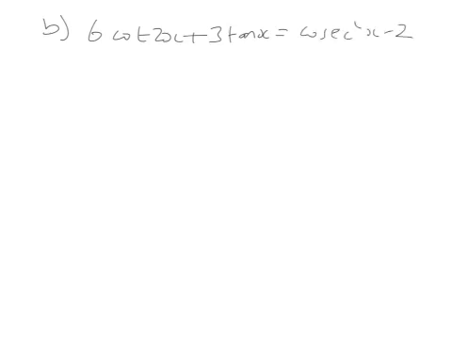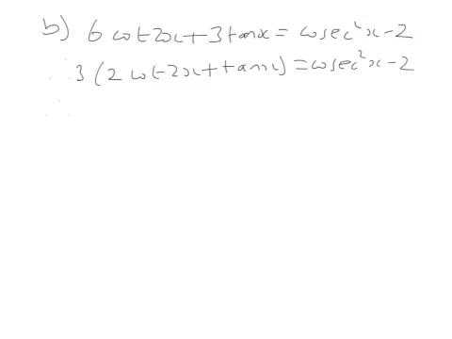In 8 part B, we've got 6 cot 2x plus 3 tan x is cosec squared x minus 2. So we know that 3 is a factor, so it's 2 cot 2x plus tan x equals cosec squared x minus 2.